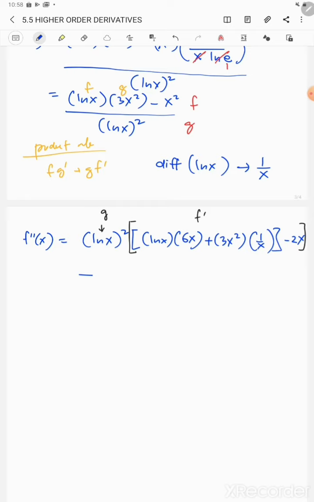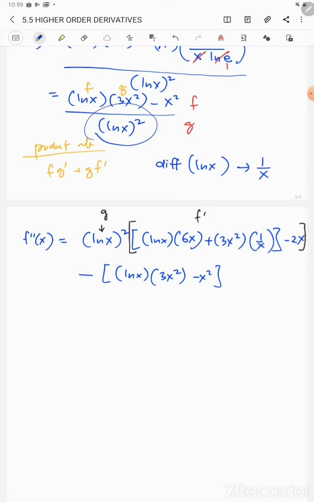This one is actually the quotient rule, right? g f prime, our f now is ln x times 3x squared minus x. Then g prime: differentiate (ln x) squared. What do we get?